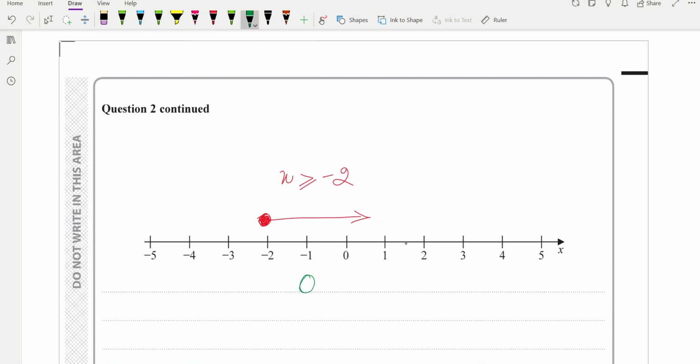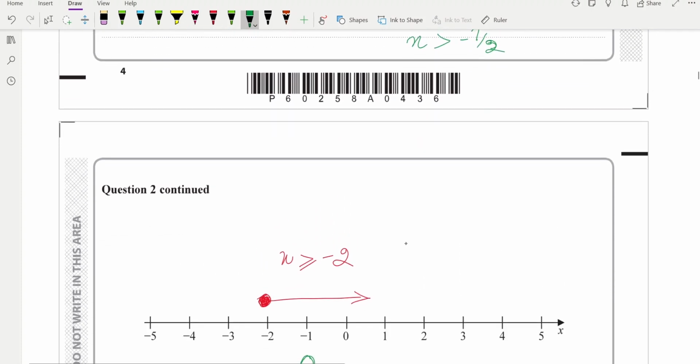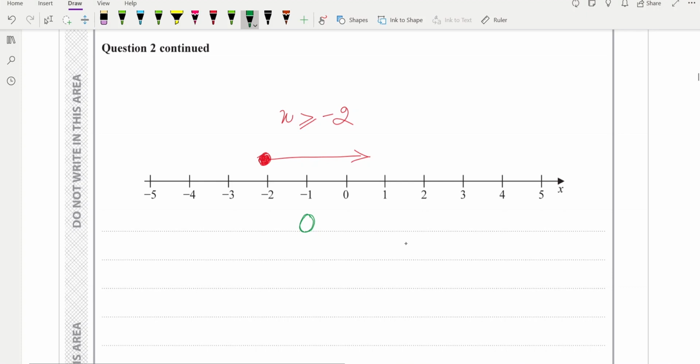This is minus 1, and the second part is greater than minus 3.5. So minus 3.5 will be over here, and we can draw a circle over here, and we'll have to join these two points.